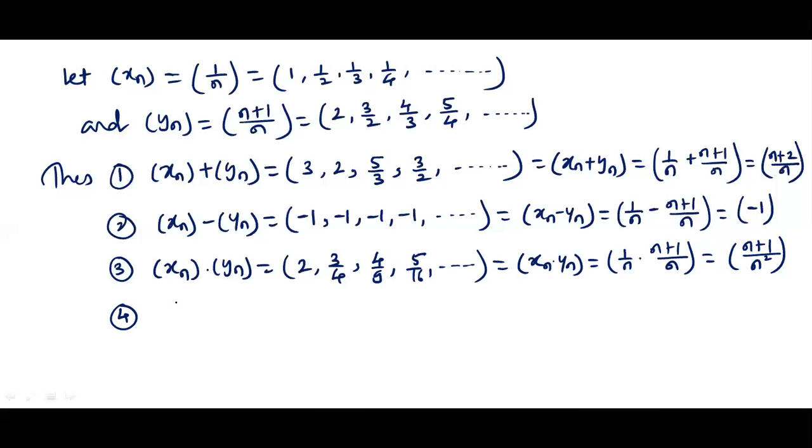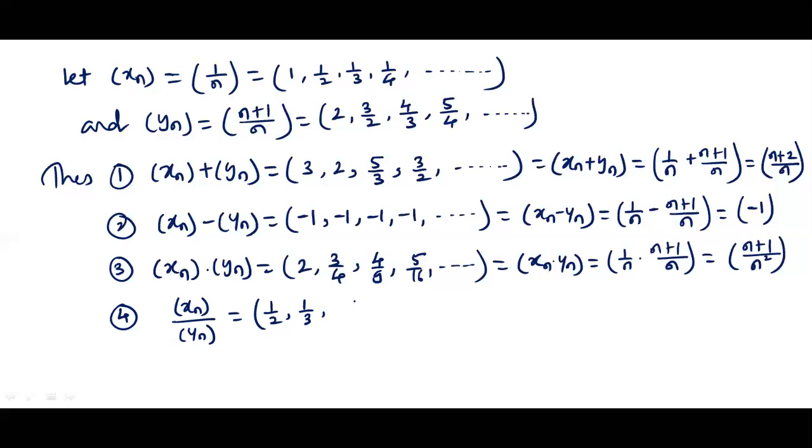Now since sequence yn is non-zero, here division of these two sequences is defined, that is xn by yn, and this is equal to a sequence whose first term is 1 by 2. Next term is 1 by 2 divided by 3 by 2, 1 by 2 will cancel, remains 1 by 3.